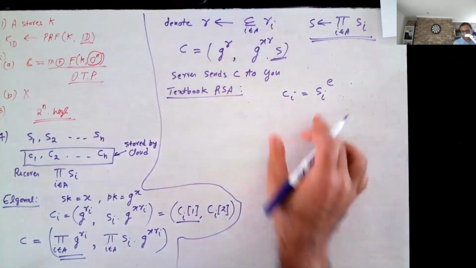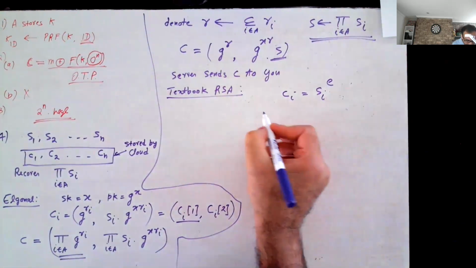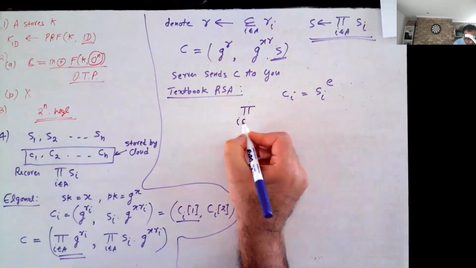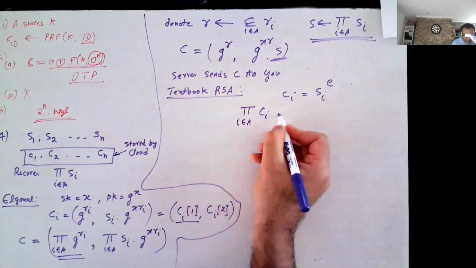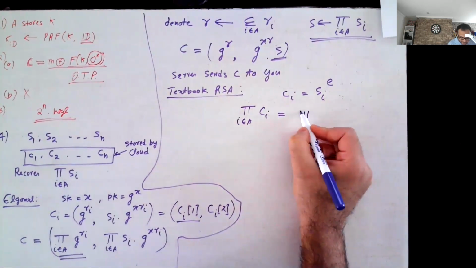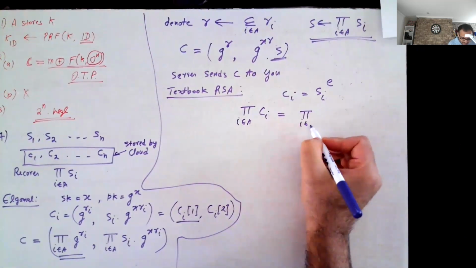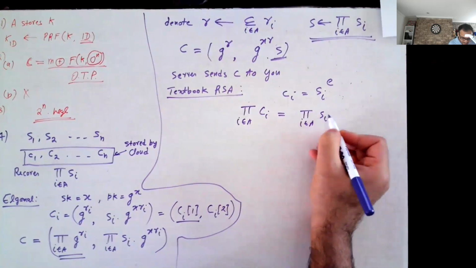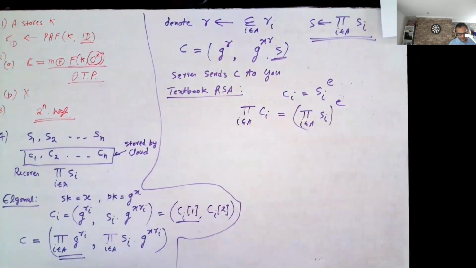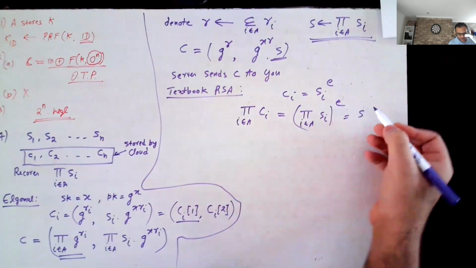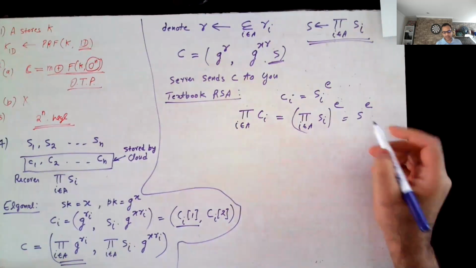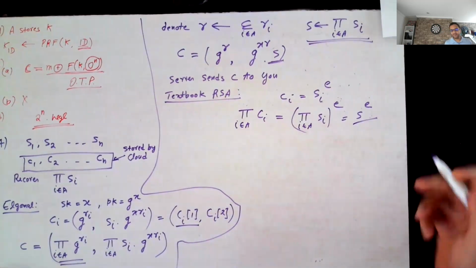So if you multiply all these different ciphertexts together, the product over i in A of c_i, that would be just s to the power e. And if you have d, you can again recover s as usual, right?